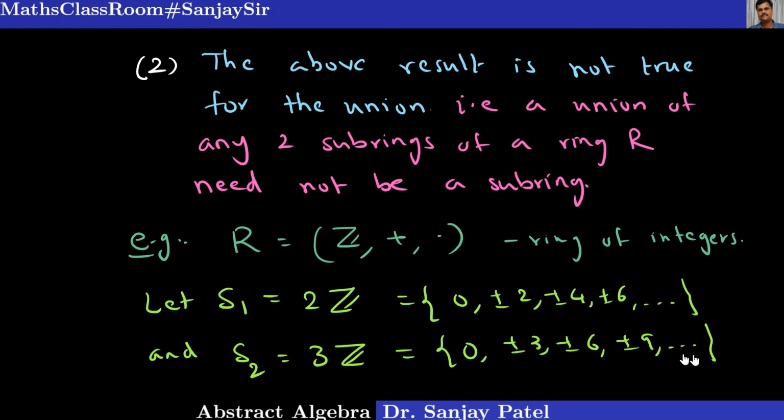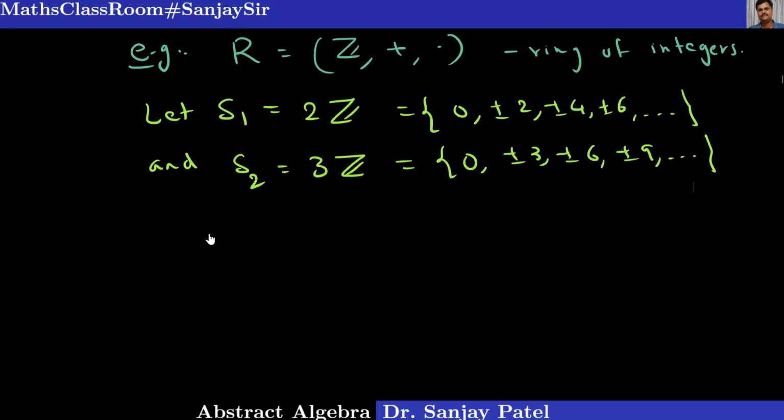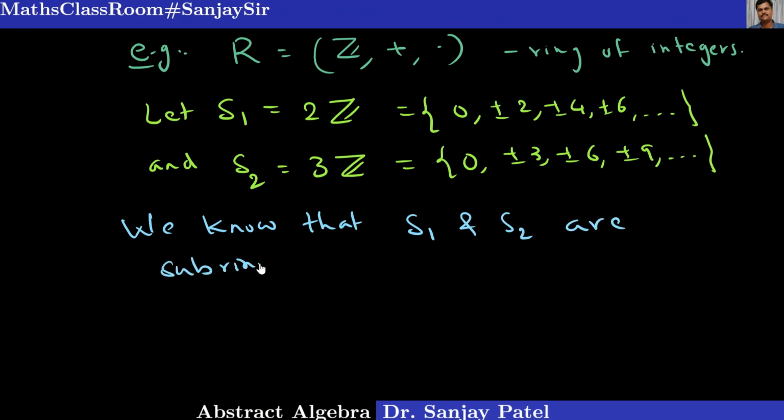All multiples of 3 and all multiples of 2. Okay, we have already proved that S1 and S2 are subrings. So I'm writing, we know that S1 and S2 are subrings of the ring Z.